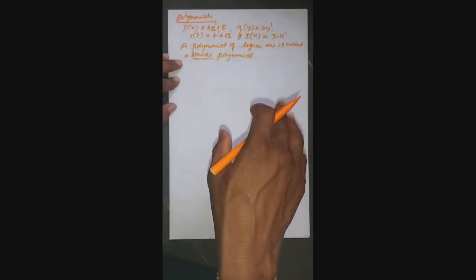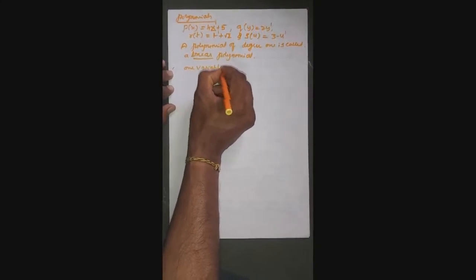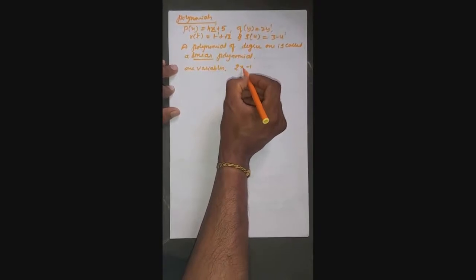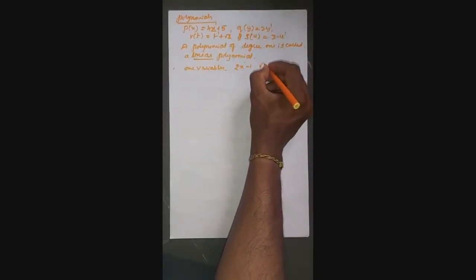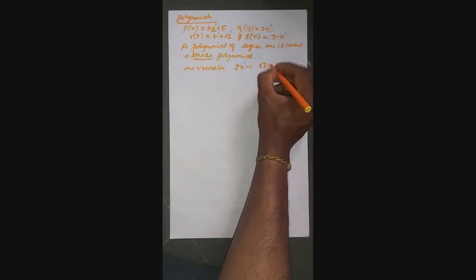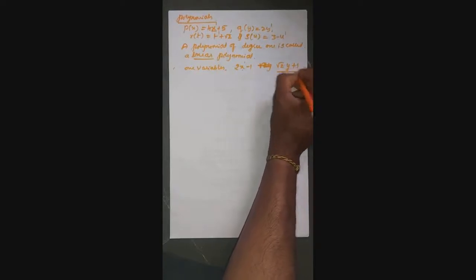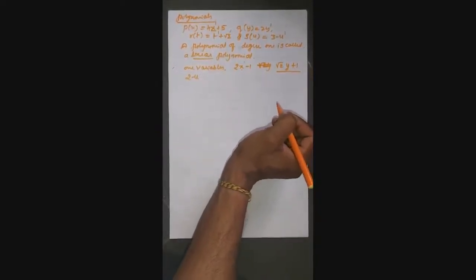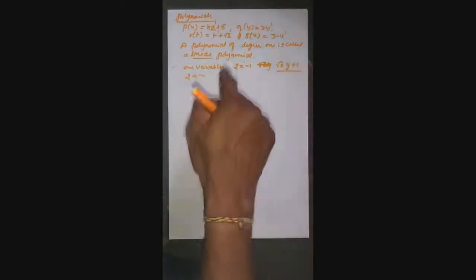See, some more linear polynomials in one variable. Okay, for example 2x minus 1, right, and root 2y plus 1, okay, and here 2 minus u. See, now try and find a linear polynomial in x with three terms.